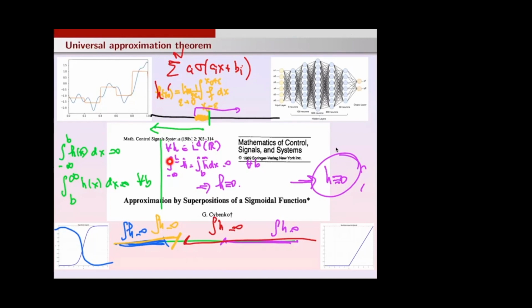Of course, the more precise you want to be in your approximation, the more of them you will need, so you will have to increase the N. But in principle, once you know that this theorem is true, the problem just becomes about choosing optimally some parameters so as to make the gap in this approximation small enough. So it's again an optimization problem.